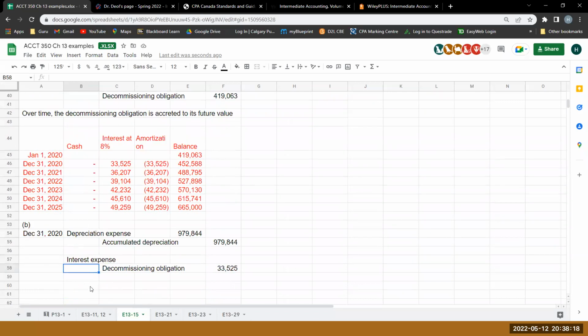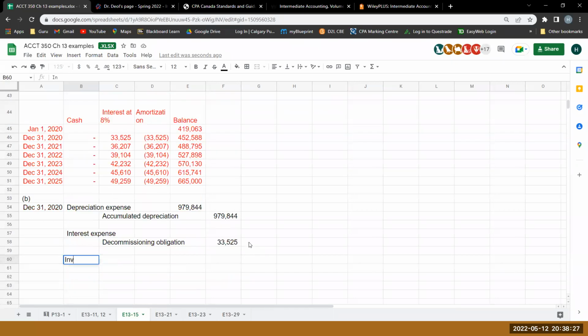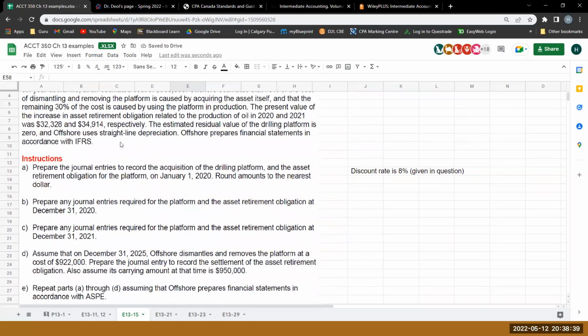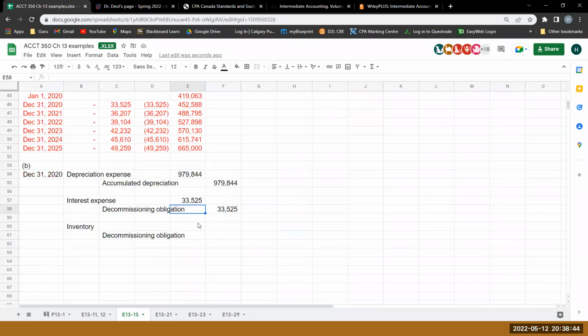So for that, it cannot be recorded as interest. You have to instead inventory it. So debit inventory and credit decommissioning obligation for the number that they gave us, which is 32,328.